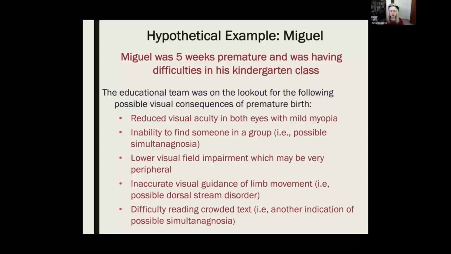inaccurate visual guidance of limb movement, possible dorsal stream disorder, and difficulty reading crowded text, which is another indication of possible simultanagnosia, the inability to see more than one thing at a time.